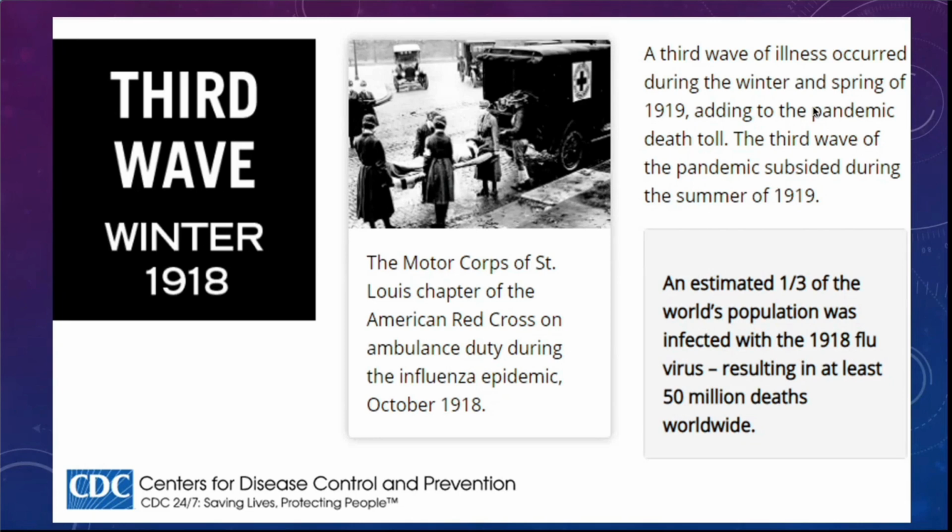An estimated 1/3 of the world population was infected during the pandemic, resulting in at least 50 million deaths worldwide, as we had previously said. The picture in the middle illustrates an American Red Cross ambulance transporting some of the patients in October 1918.